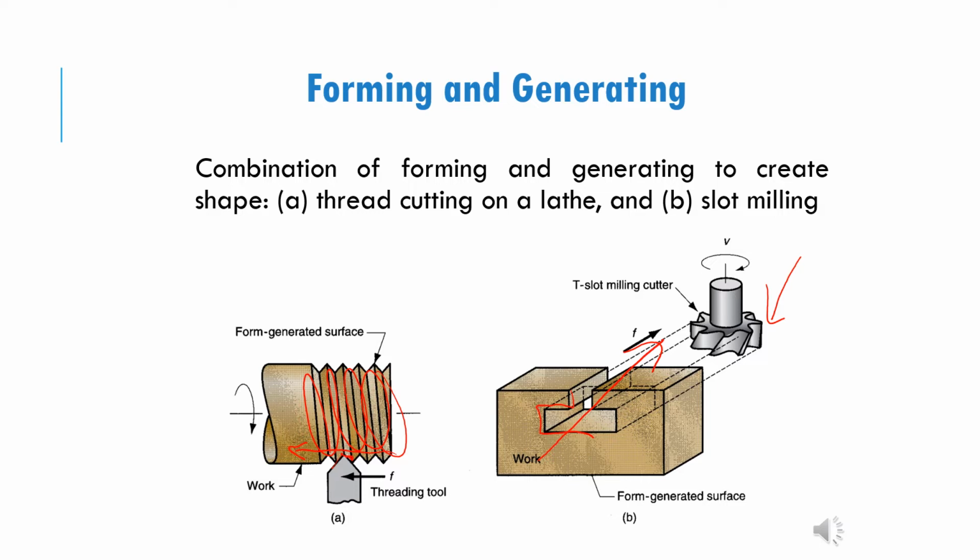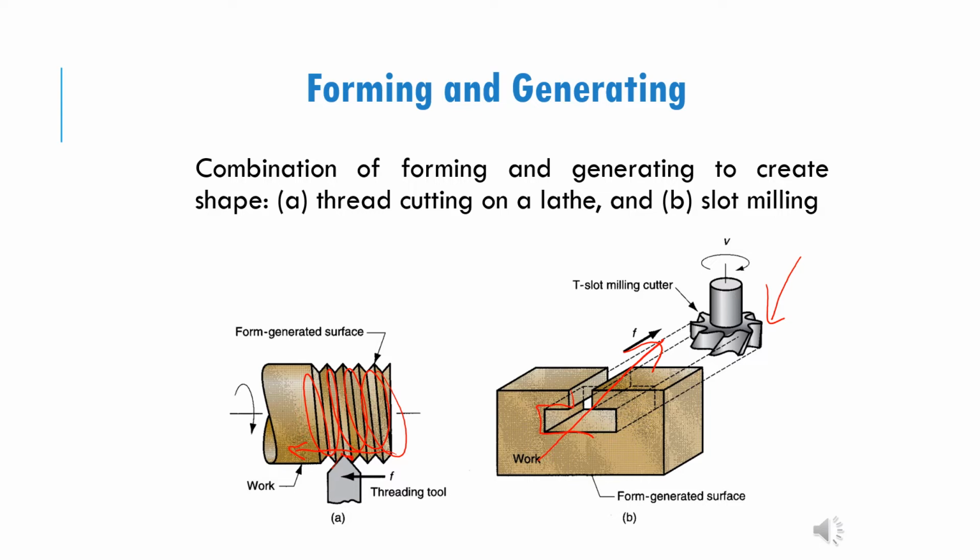Apart from that, there is also a combination of forming and generating. The example is thread cutting on a lathe. If you can see, the shape of the thread depends on the shape of the tool, but the length of the thread depends on the movement of the tool along the workpiece. And another one is slot milling.